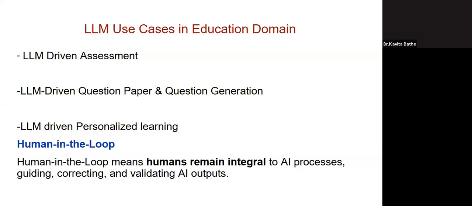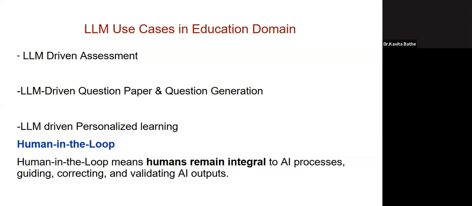So what do we mean by the concept of human in the loop? When we consider human in the loop, it means that the human remains integral to the artificial intelligence process, guiding, correcting, and validating the AI output. What it means is, whatever outcome your large language model has generated, we should not blindly trust that. There must be a human who is validating that data.